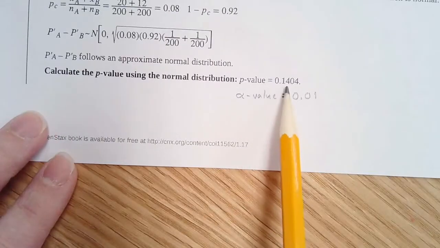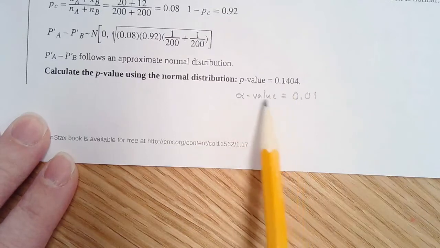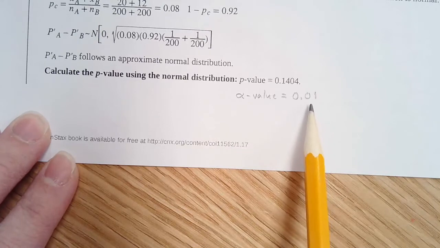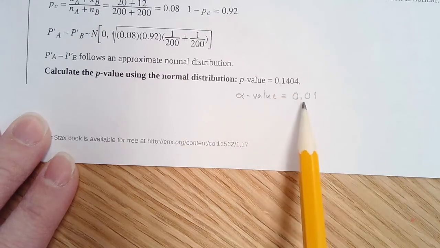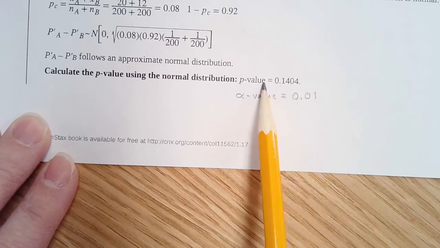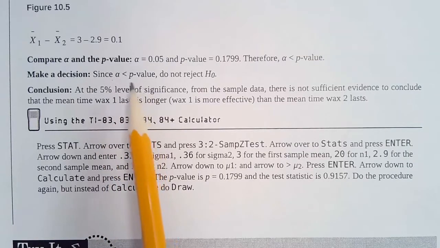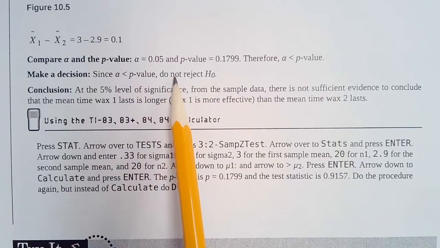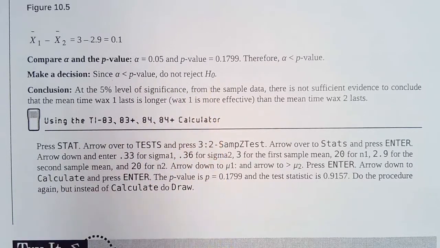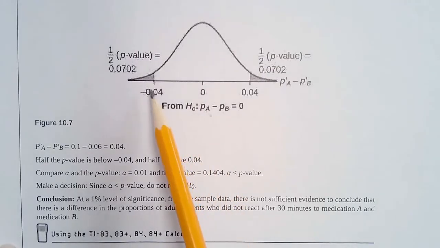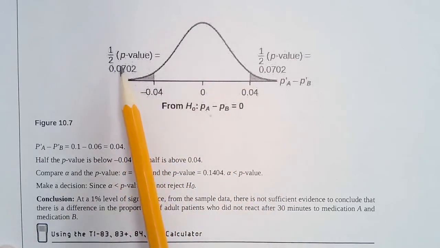We can compare that to our alpha to help us decide. We're doing this with a 1% level of significance. The p-value is higher than the alpha, so if p is high, the null must fly. That means the p-value being higher means that we do not reject the null hypothesis. Since this is two-tailed, half of it goes on each side.